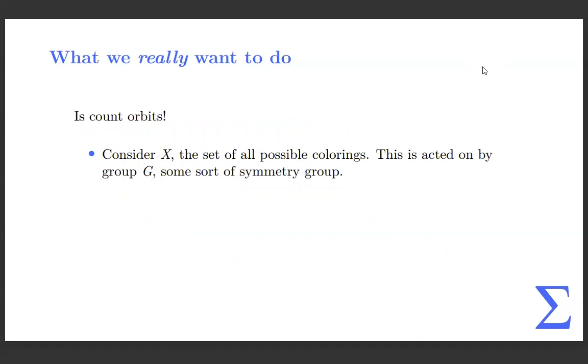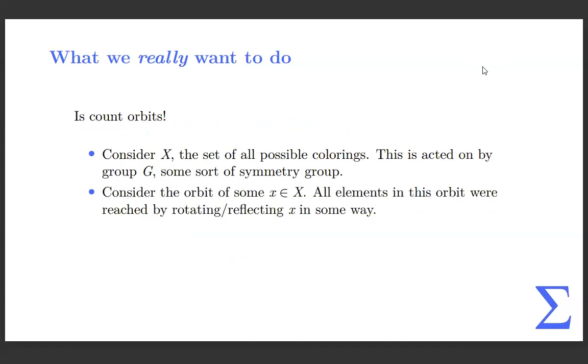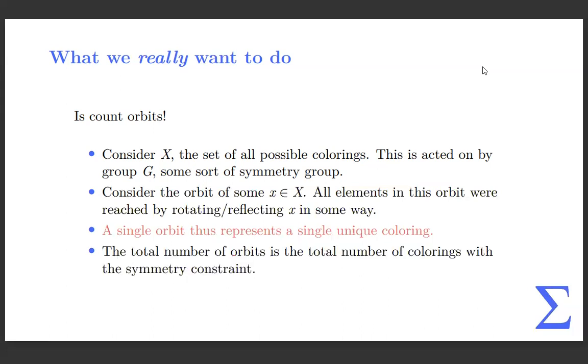Think about it. X is the set of all possible colorings. This is acted on by G, which is some sort of symmetry group. Consider the orbit of some X in X. All the elements in this orbit were reached by rotating or reflecting X in some way, which means they're all really the same coloring. So one orbit represents one unique coloring, up to rotation and reflection, which is exactly what we do.